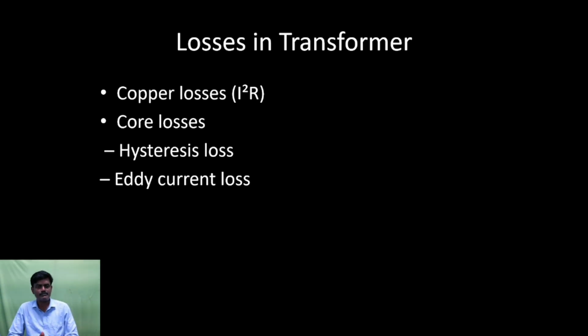If it is copper material, that is the copper loss. So the losses in the transformer are copper losses and core losses, that is hysteresis losses and eddy current losses. The hysteresis loss and eddy current losses come under core losses.